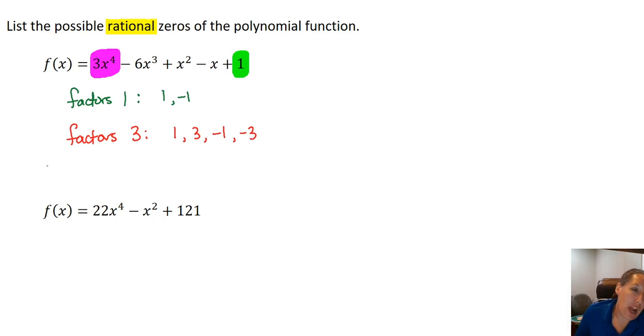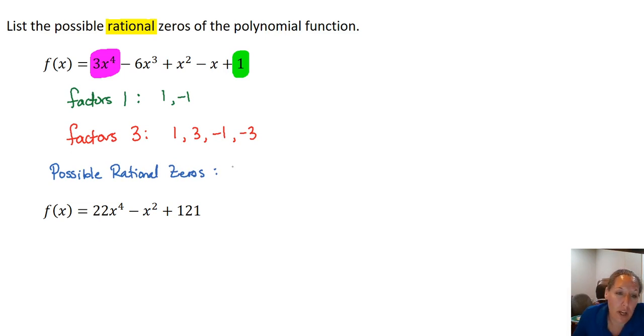So our possible rational zeros are going to be any combination of a number from our top list divided by a number from our bottom list.